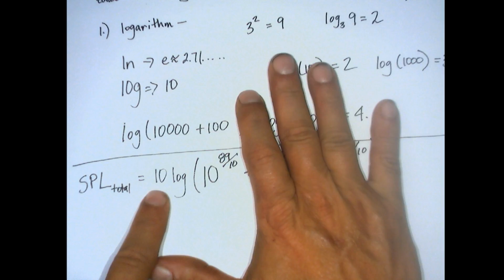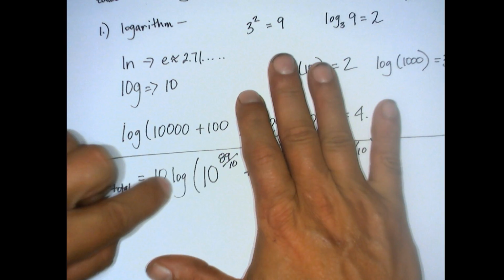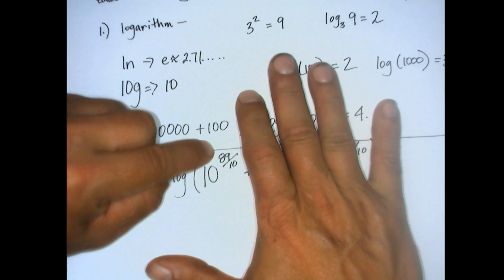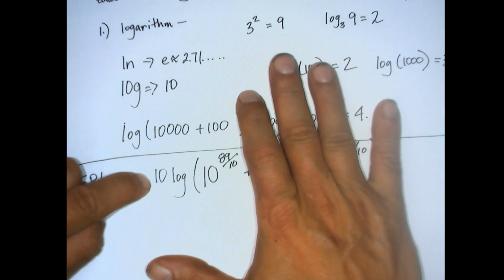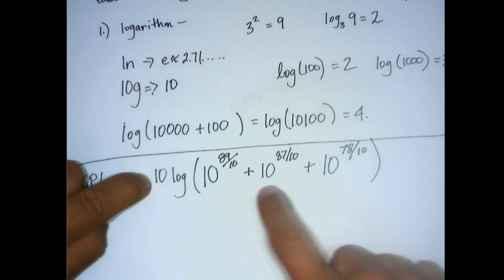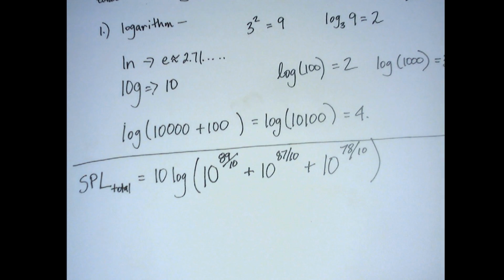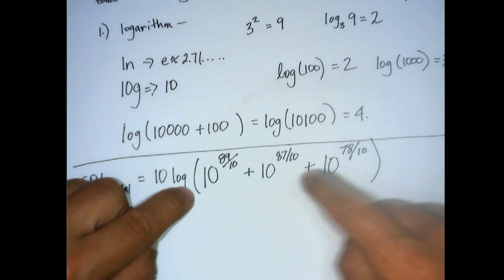Log of 10 to the 8.9 is 8.9. Then you multiply it by 10 again and you get 89. The hard part about this is you need to add these up. You need a calculator big enough to add these up.